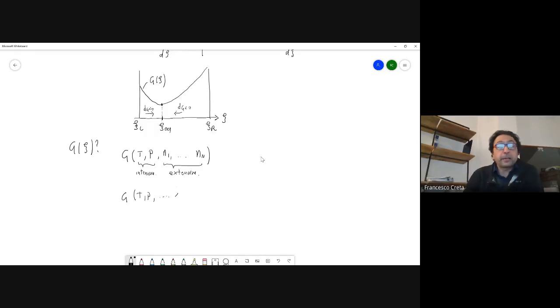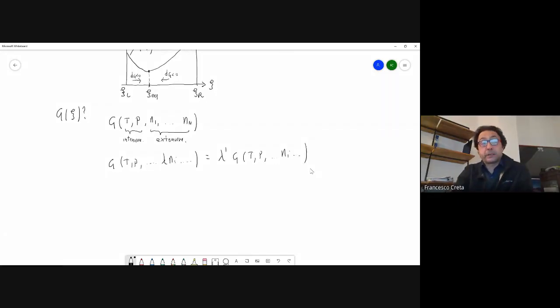So if we multiply each of those by lambda, you could rewrite this as lambda to the 1, remember, so that's why it's first order homogeneous. So you could just take it out. And it means that it's additive over constituent subsystems. That's one property. And through this property, we proved Euler's theorem.